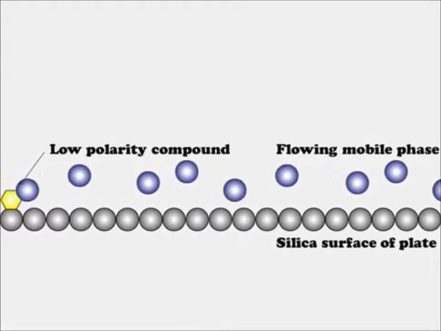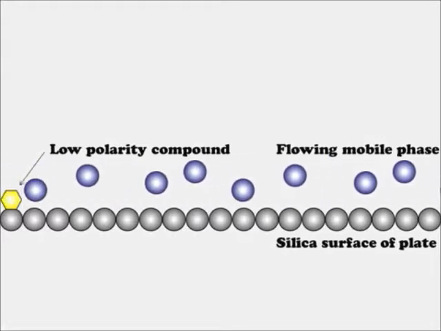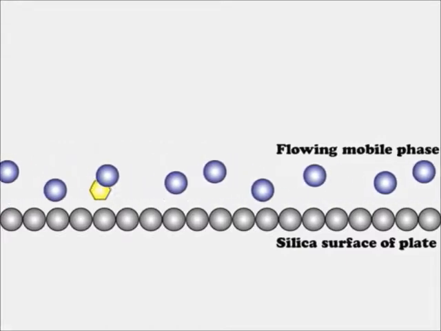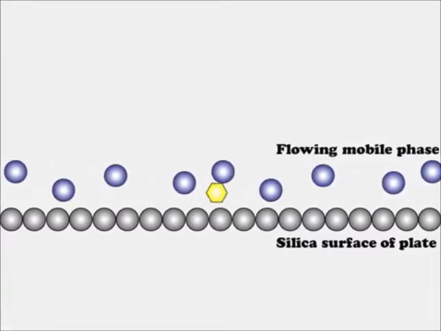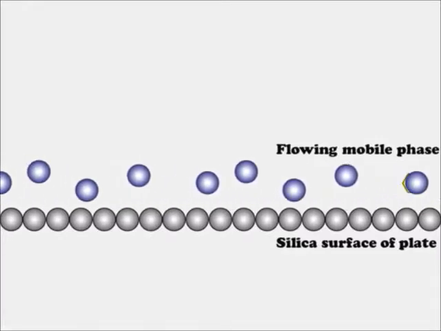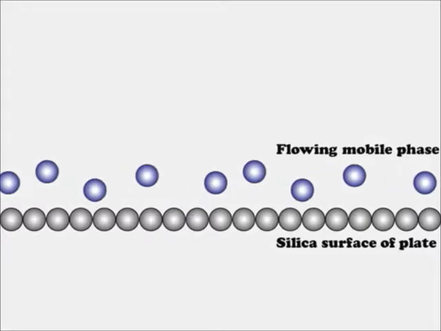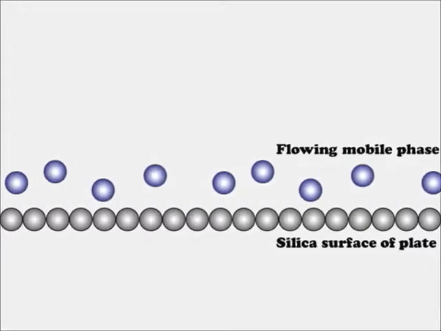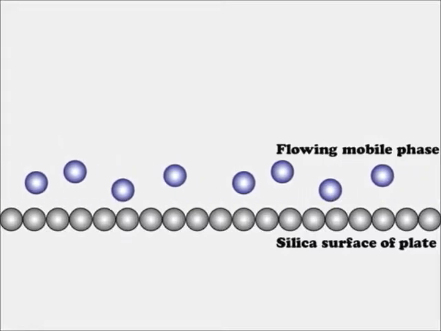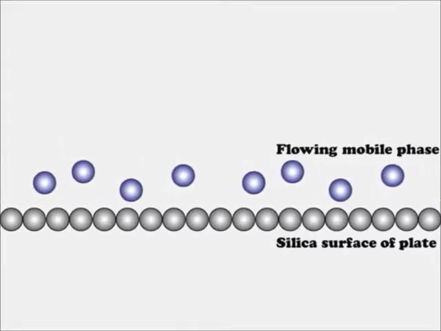If I similarly introduce this compound into the system at the upstream end and then release it, let's watch what happens. Again, it moves when it's in the mobile phase and is stationary while on the silica, but notice that the residence time on the silica is very low now because its relative affinity is decreased compared to the higher polarity material. What this means is that the compound will move faster through my chromatographic system.